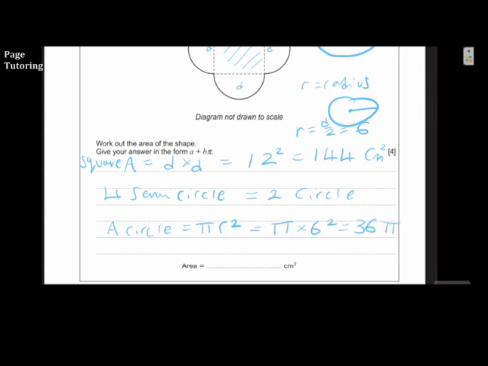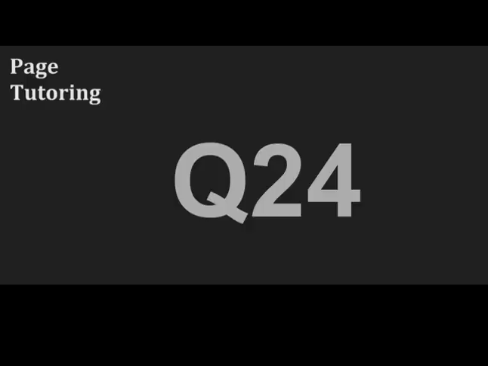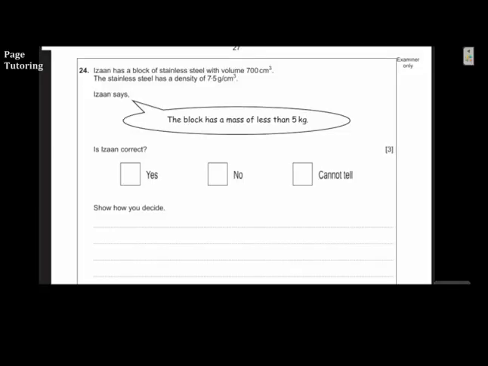So our final total area would be our 144 centimeters squared from our square plus 2 times our 36 pi. So we can write that as 144 plus 72 pi.